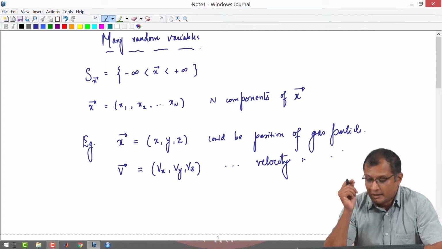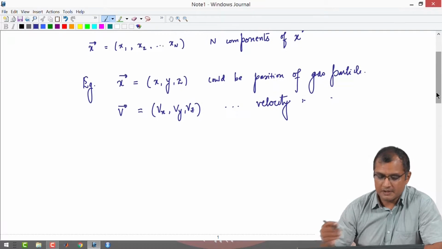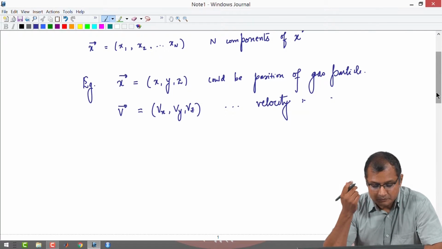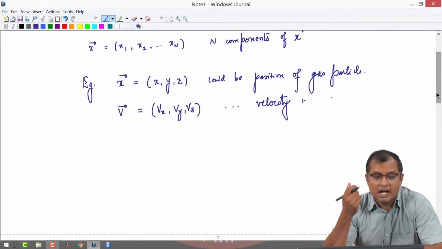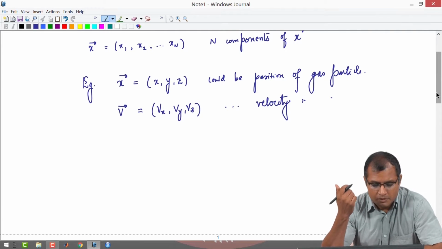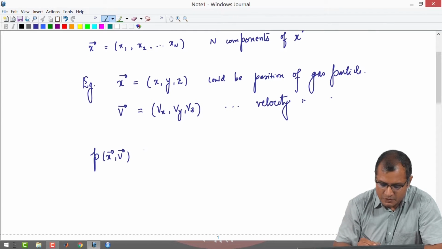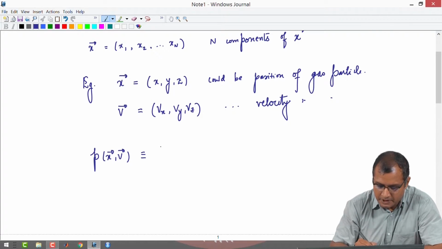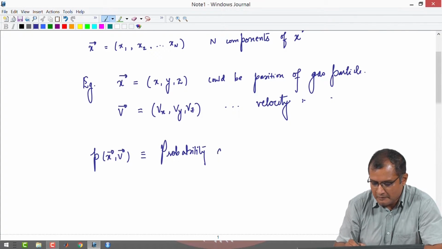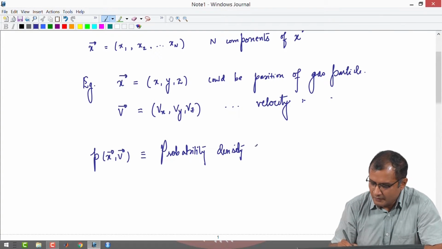Suppose I am interested in finding the average momenta or average position of a particle in this room, I would be using a probability density P of x comma v. This would be giving me a probability density for x and v of a gas particle.